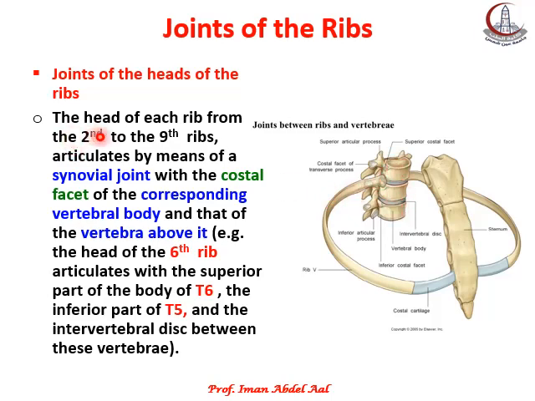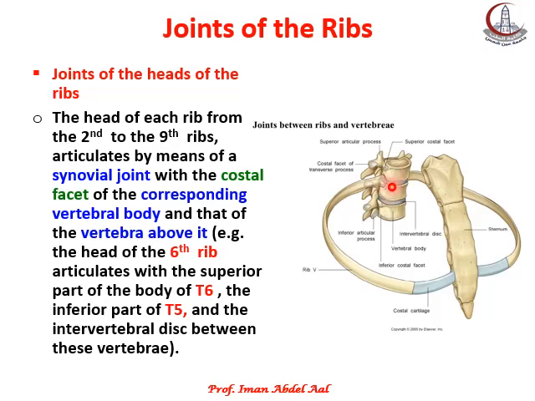The head of each rib from the second to the ninth rib articulates by means of synovial joints with its costal facets to the corresponding number of vertebra, and the vertebra above it.